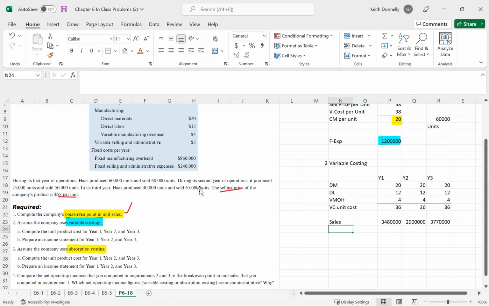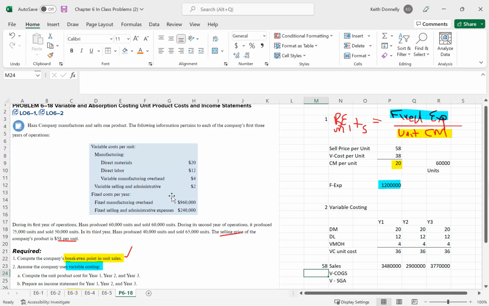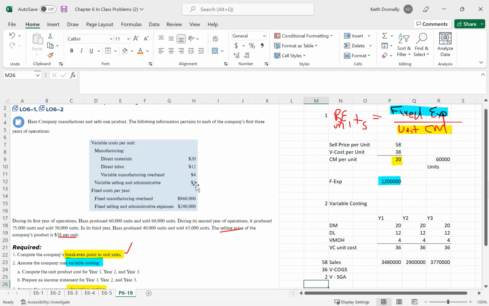Because it's variable costing, we have to back out our variable expenses. We have our variable cost of goods sold, and we have our variable SG&A. For the variable cost of goods sold, the number we're going to be using is the $36 from over here, the 20, the 12, and the 4. Our variable SG&A was $2.